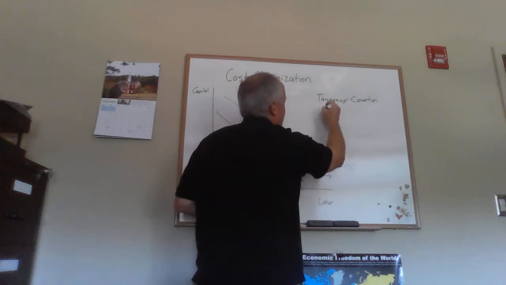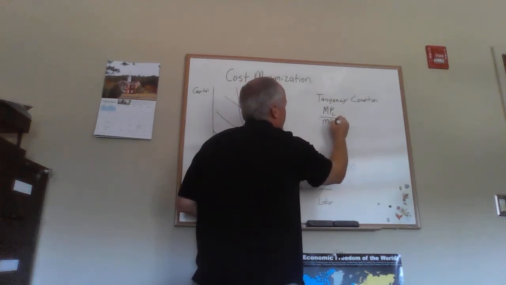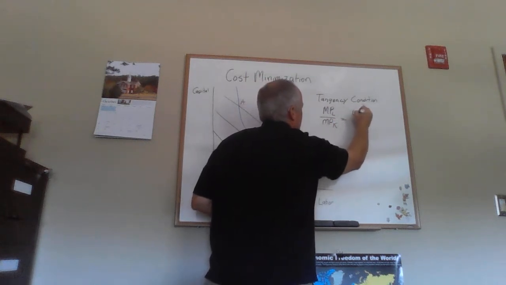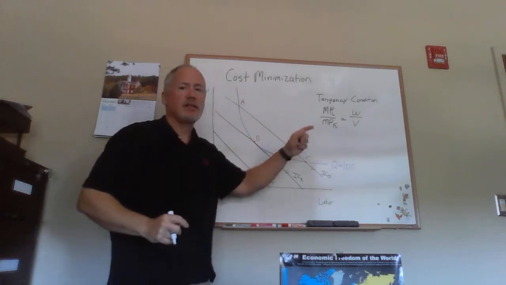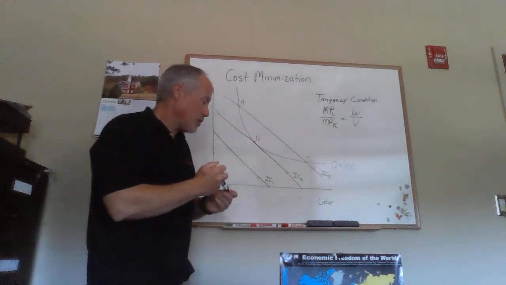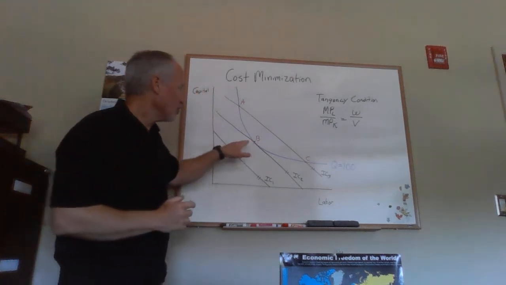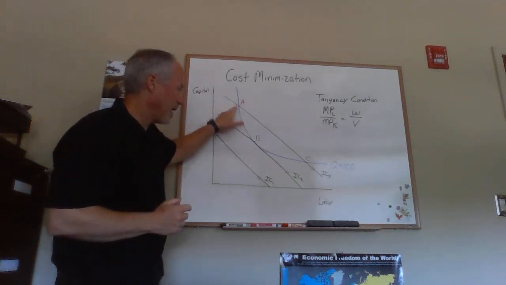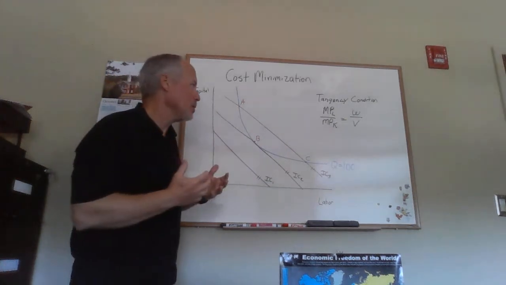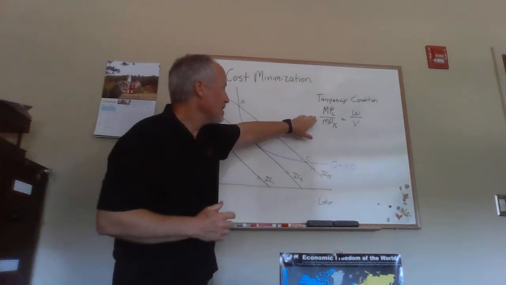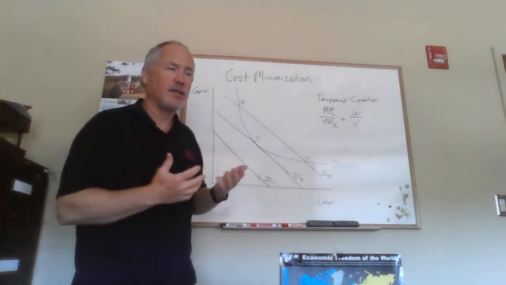So the ratio of the marginal products has to equal the ratio of the input prices. That's true at point B, but it's not true at point A or point C or any other points on this Q equals 100 isoquant. This equality occurs only at point B, which is the cost minimizing condition.